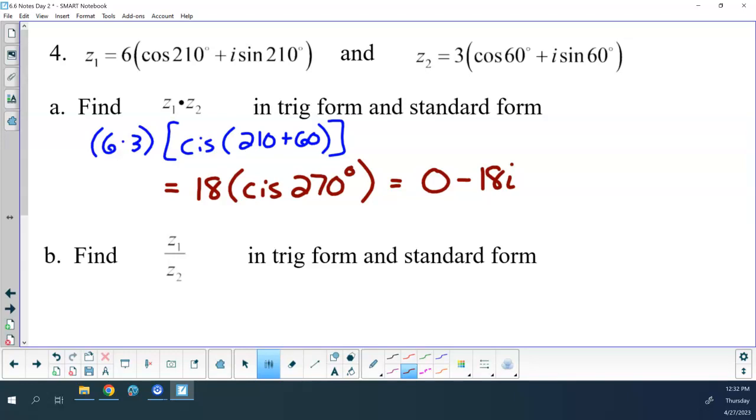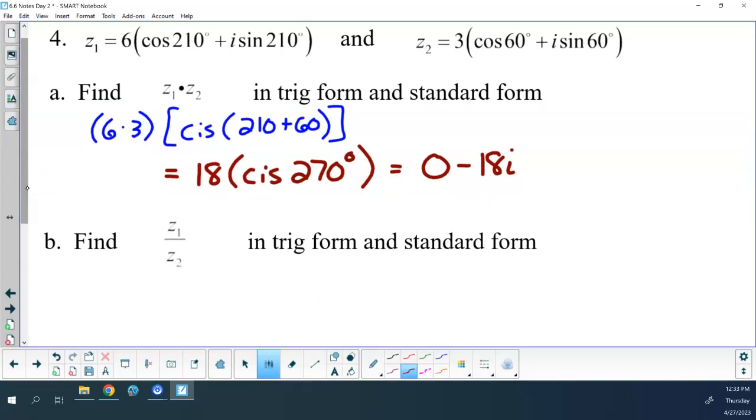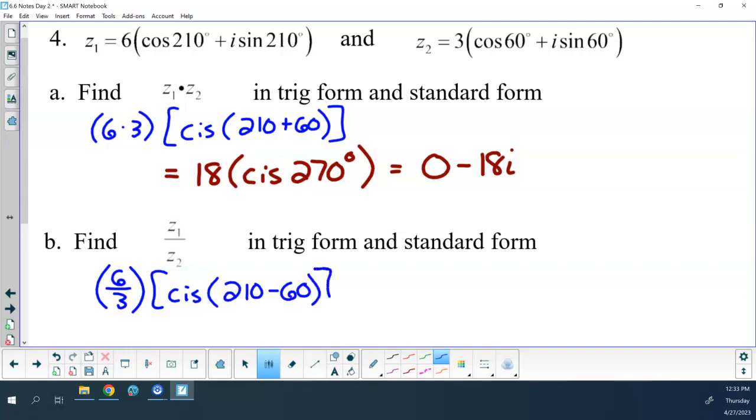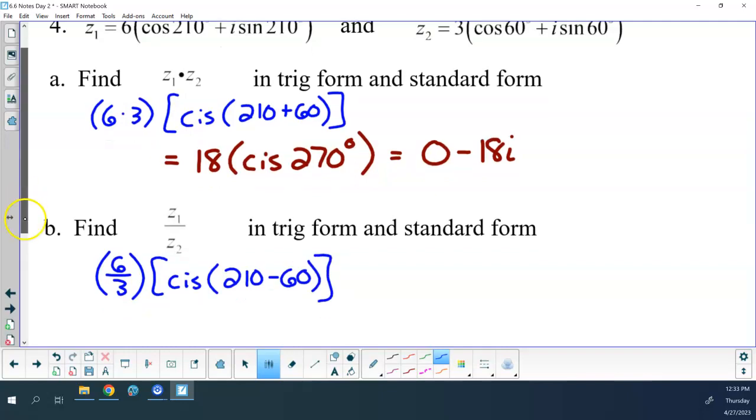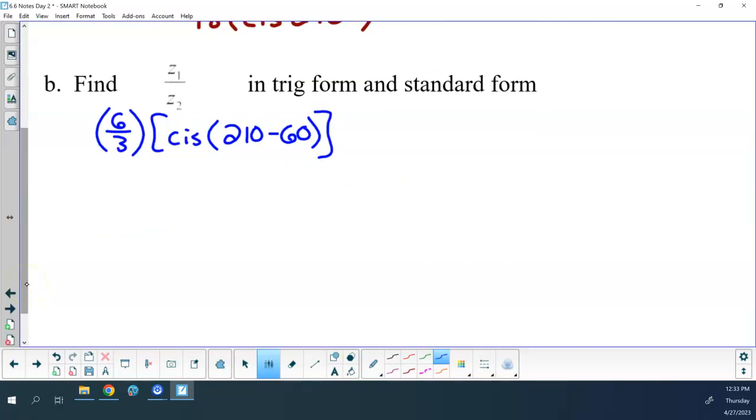Dividing, I take the r values and I divide them. And I take the theta values and I subtract them. That then is going to give me 2 CIS of 150 degrees.